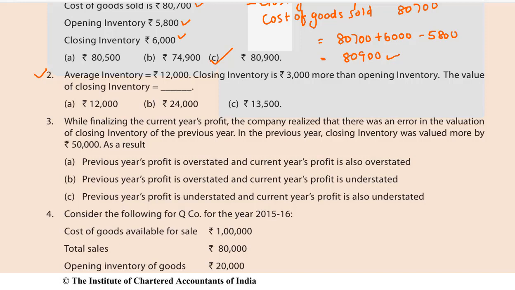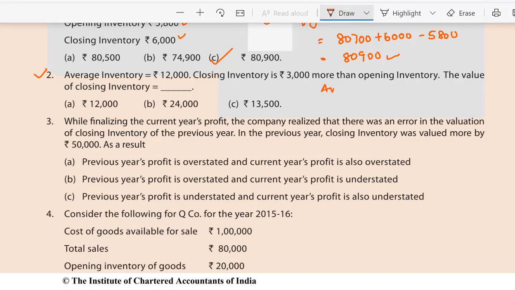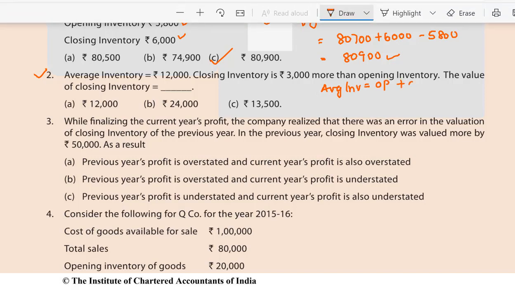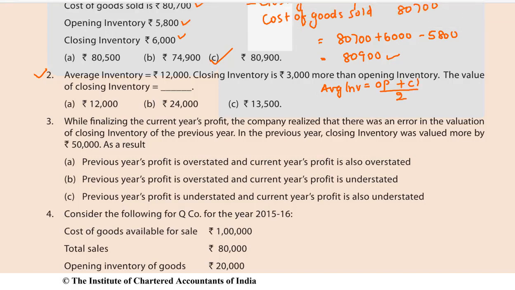Average inventory is 12,000. Average inventory equals opening inventory plus closing inventory divided by 2. So over here, opening inventory is not there.